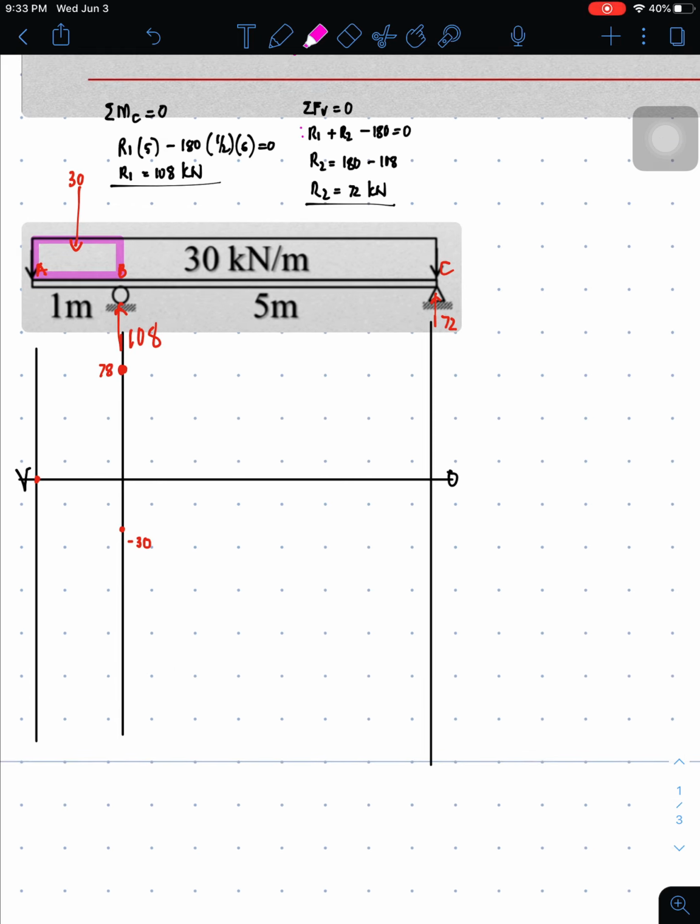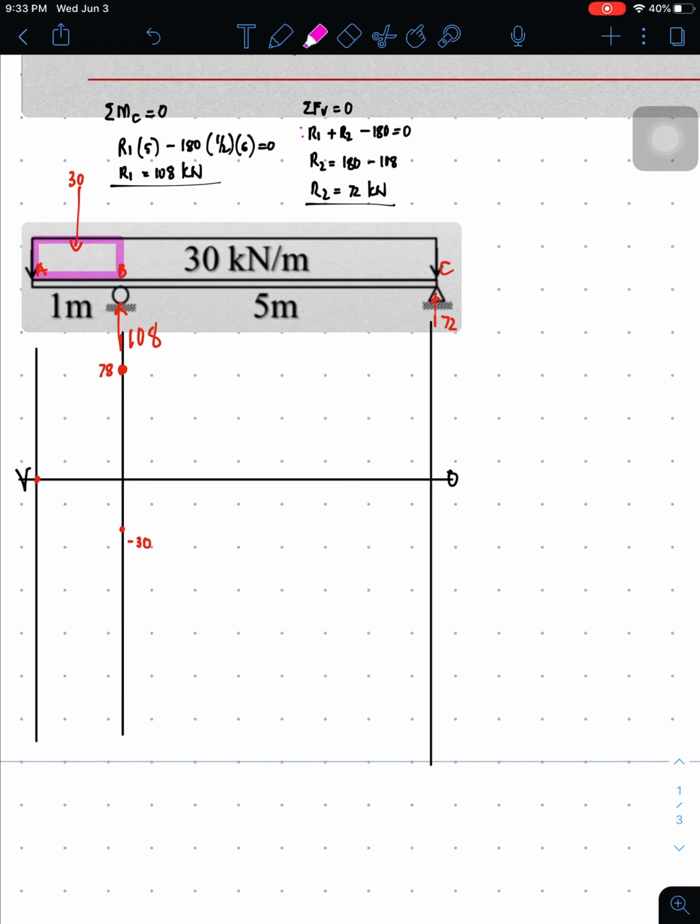Minus because it's downward, no? So 78 minus 150 equals negative 72. So we write negative 72 here. That portion is negative 72.